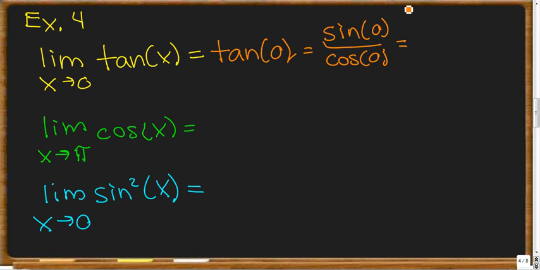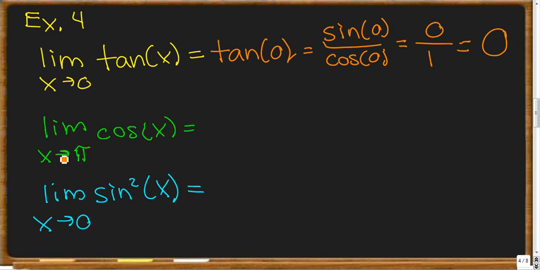The sine of 0 is 0. The cosine of 0 is 1. And so we're finally left with an answer of 0. So that is the value of tangent at an angle of 0. And since we're not dividing by 0, we didn't get 0 over 0, we are good to go. So this is our answer.